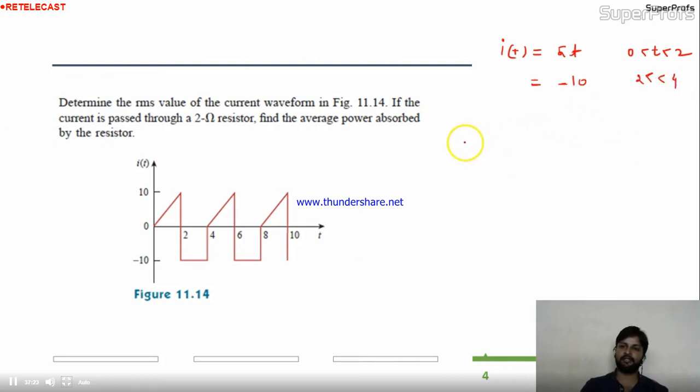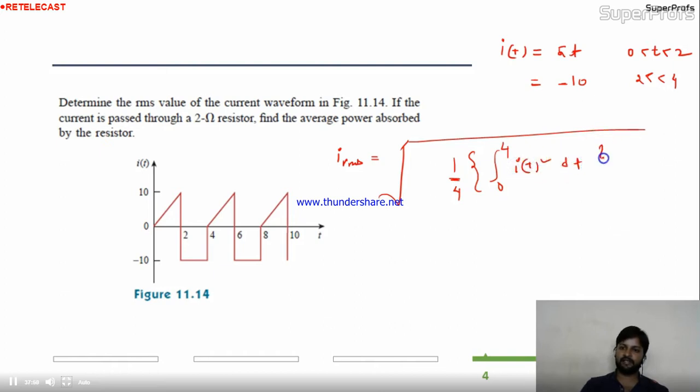Now, our task is to calculate Irms, so you need the root. The total time is 0 to 4, so we take 1 by 4 times the integral from 0 to 4 of i(t) squared dt.